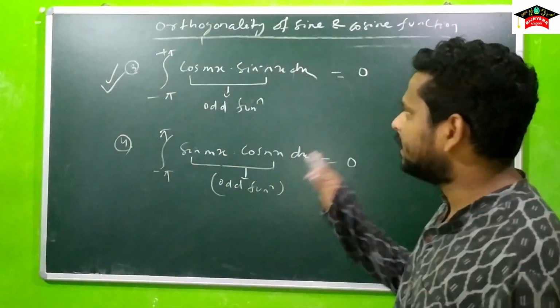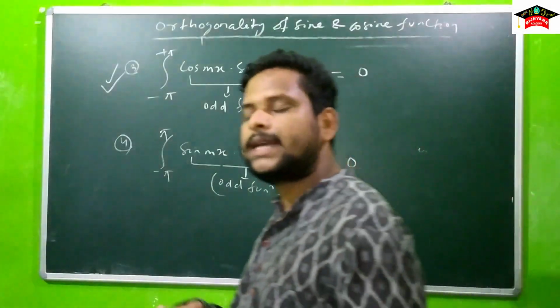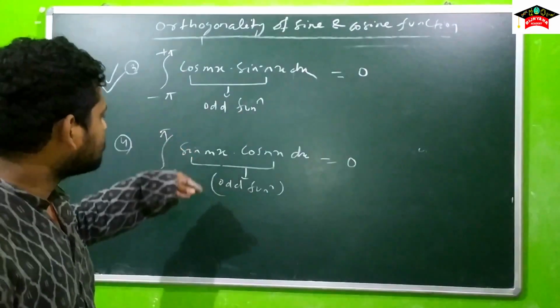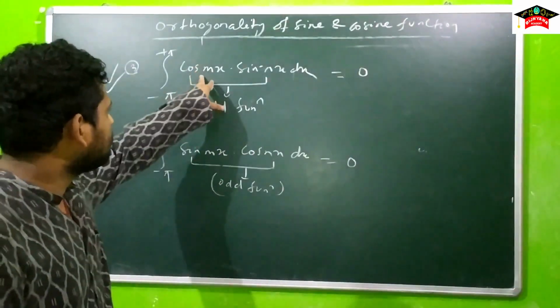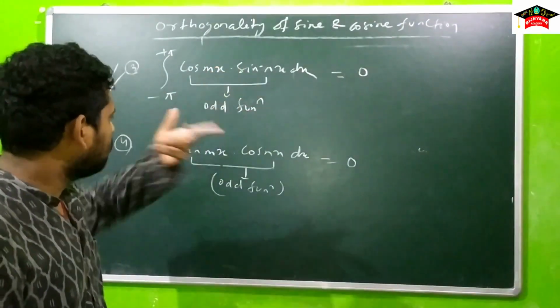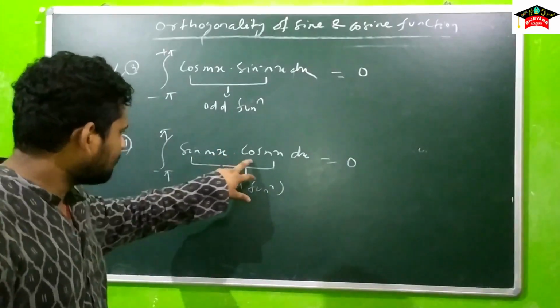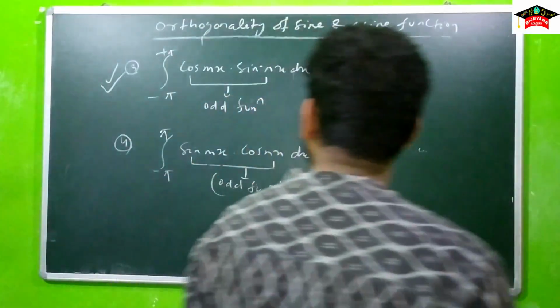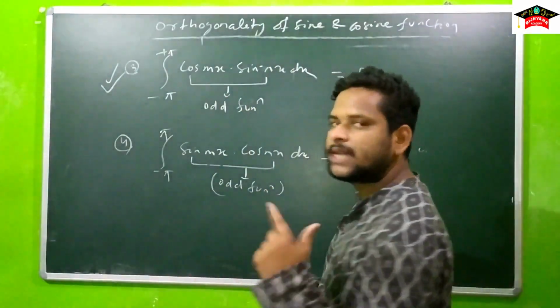So of the four integrations, the first two are the orthogonality of sine and cosine functions, and these two are the standard products of one sine and one cosine, or one cosine and one sine. Alternating the order, we have taken one to be cos and another to be sine.